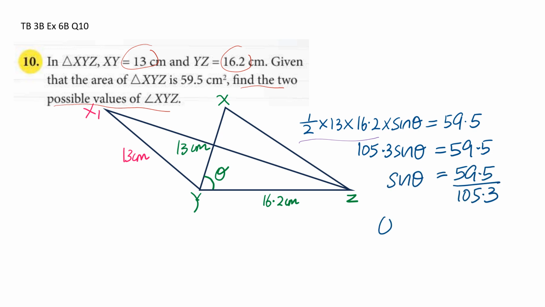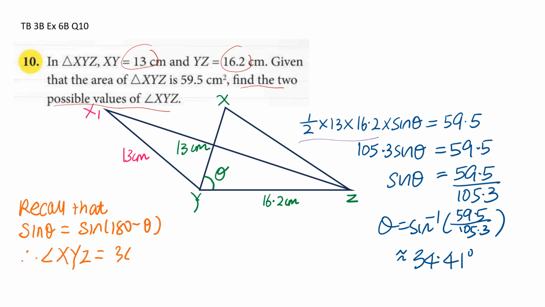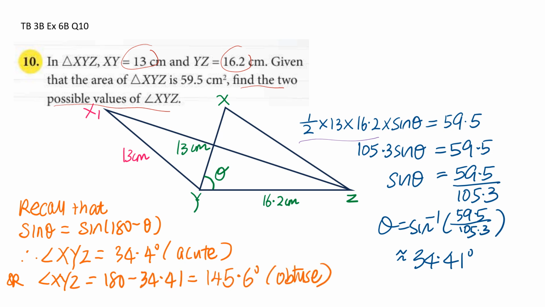To get theta, you just take the sine inverse of the value, and that works out to be 34.41 degrees. To express it to one decimal place, that will be 34.4. Right, so that will be the acute angle.